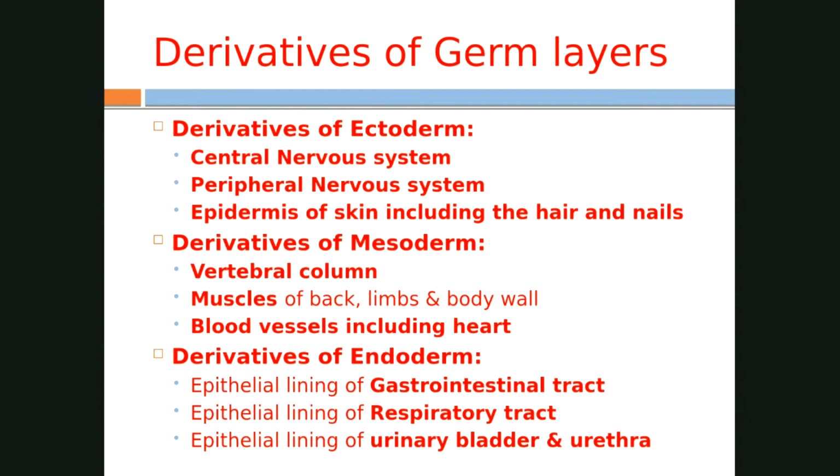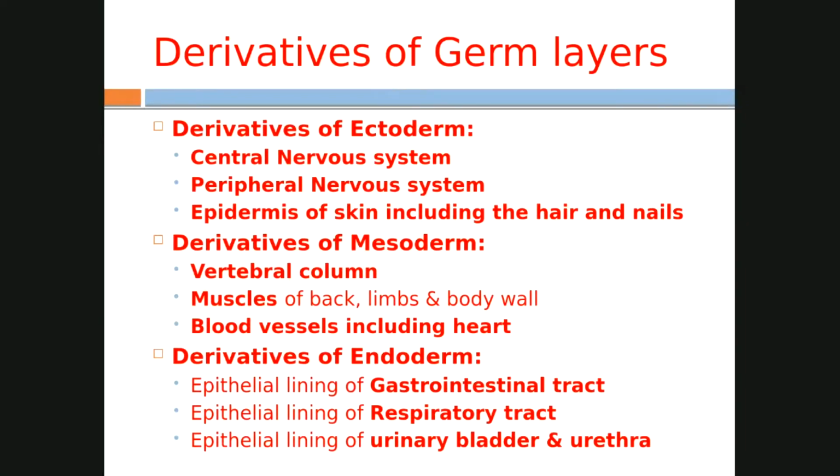Endoderm. So you should know which system develops from which germ layer. This will be the easy aspect, and I kept only one or three of the important structures out of so many structures coming from these different germ layers. So this is about the three germ layers and what they give rise to.